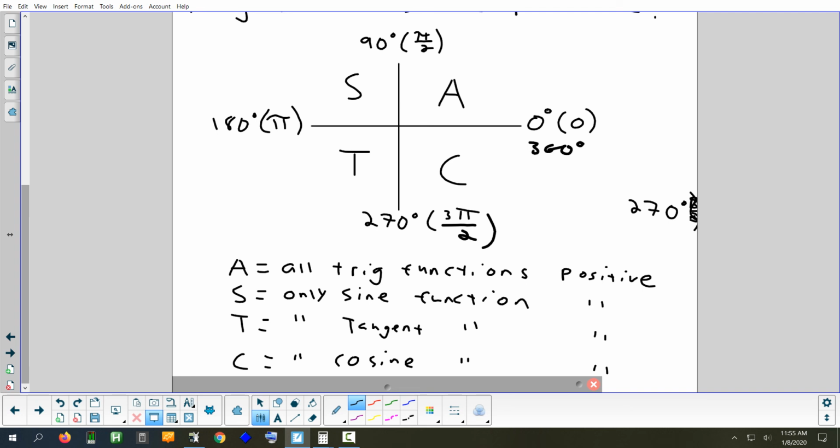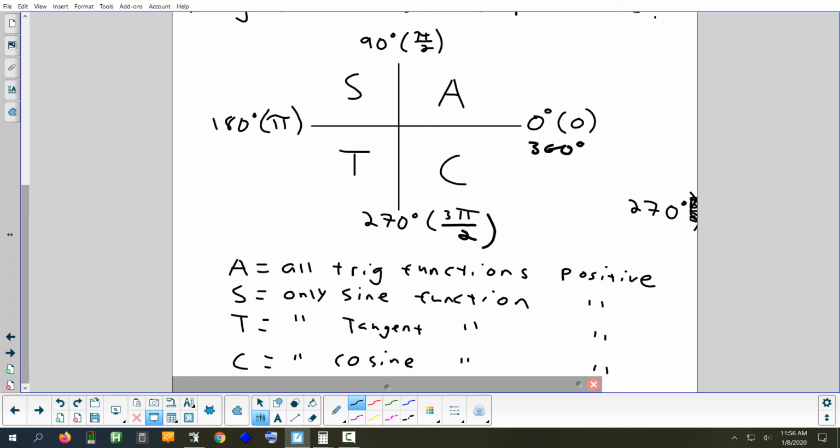However you want to remember it. There's different ways people try. It's like all students take calculus or something like that. Or all calculus teachers smell, go with that. So any way you want to try to remember it, ASTC, okay? It tells you where certain trig functions are positive. That's all that chart tells you.